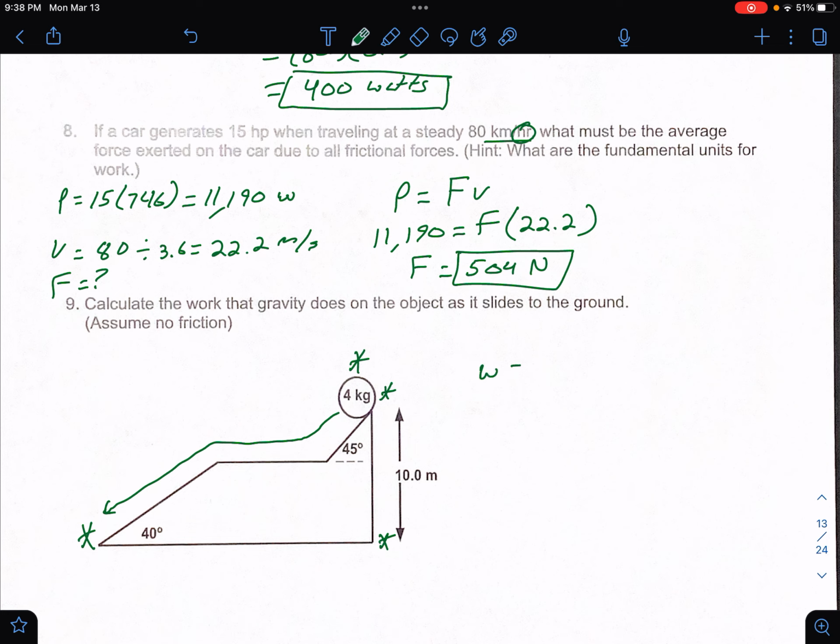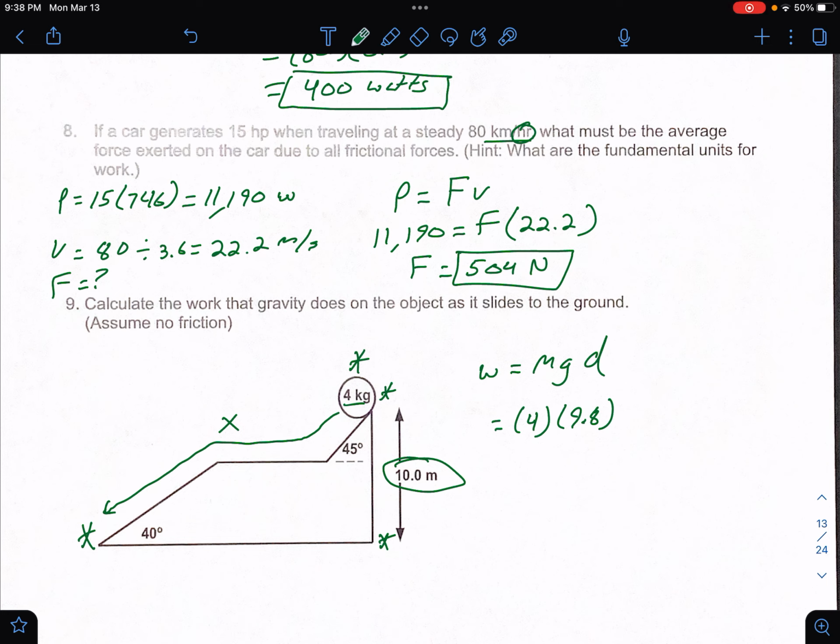So remember, work equals mass times gravity times distance. I already told you my mass, so mass is right here, 4 kilograms. Gravity is still 9.8. Now, it does not matter whatever this distance is right here. All I care about is the vertical distance because gravity is only vertical. Gravity has nothing to do with horizontal.